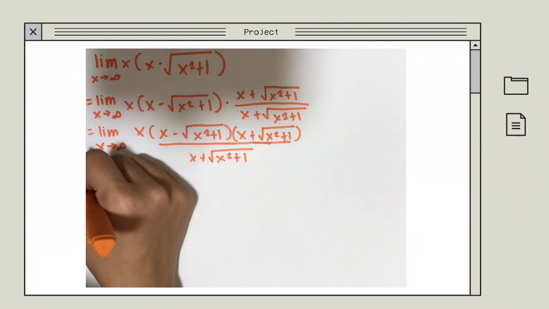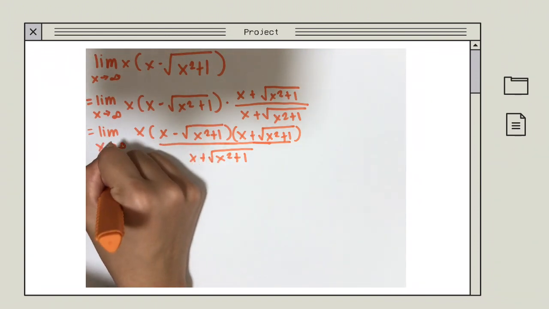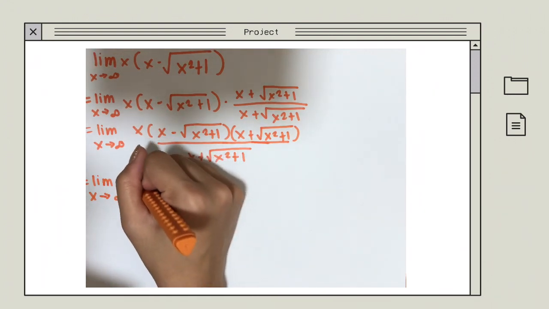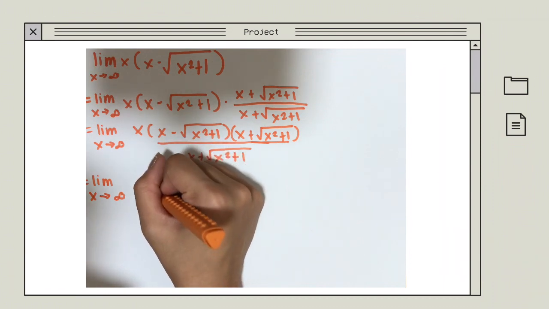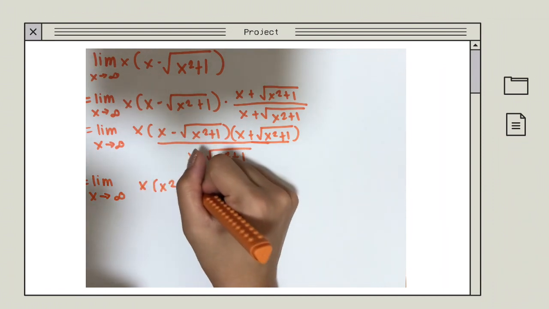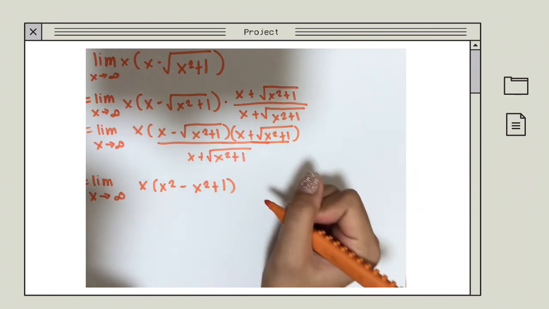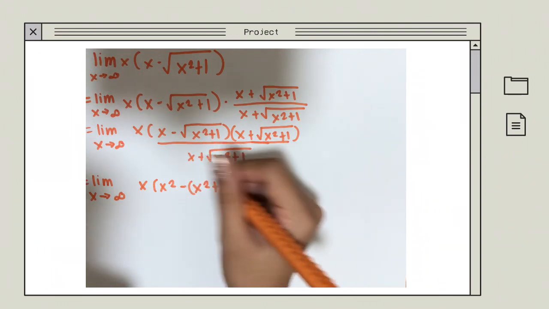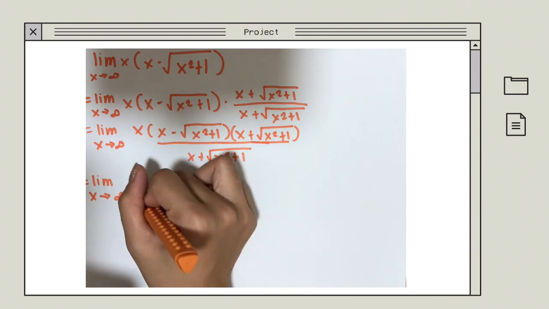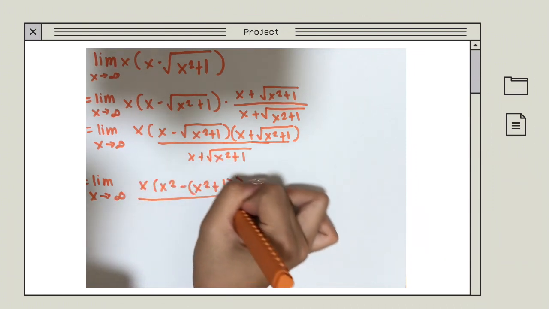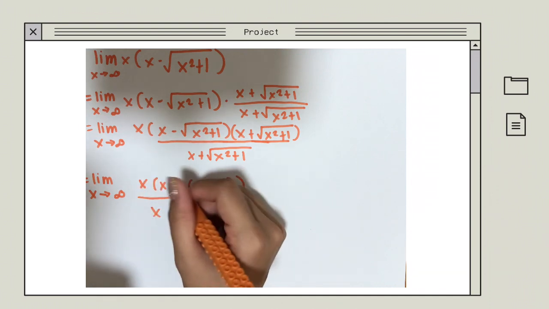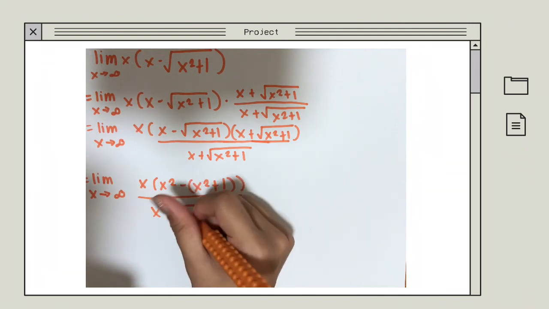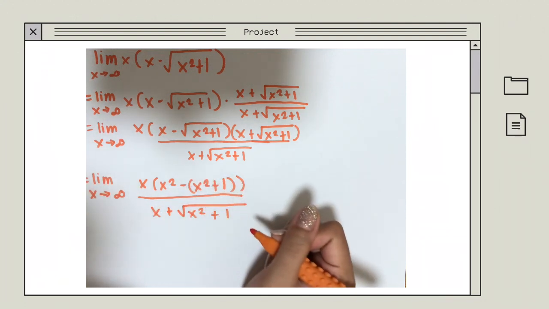So the answer for that given will be negative 1 over x plus the square root of x squared plus 1.